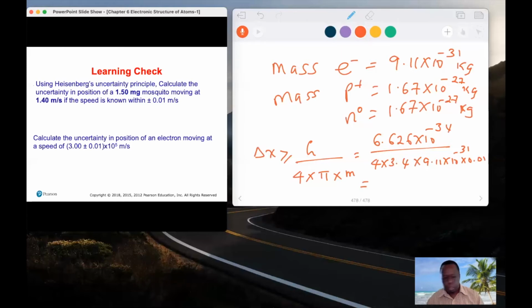Please check, you should have 3 times 10 raised to negative 6 meter. Please check that you get that for part B.